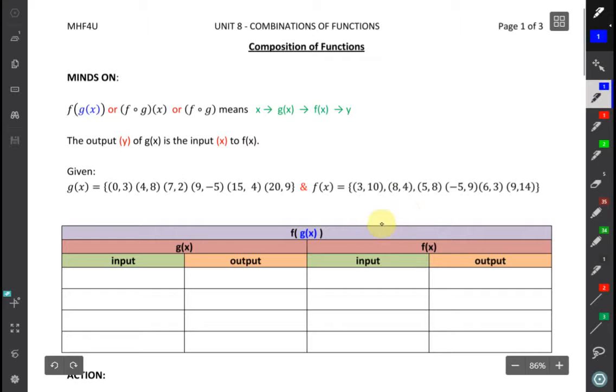Because when you do these functions, a similar process to when we had to have overlapping domains when we were doing other operations with functions, in this case, the output of the input function, so the output of g at x, has to connect with the input values of f at x. For example, here, this output is 3, and this input is 3, so those connect together. So what I want you to do is find the ones that connect together and just draw a line to them.